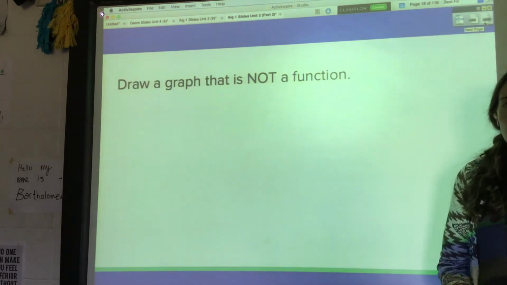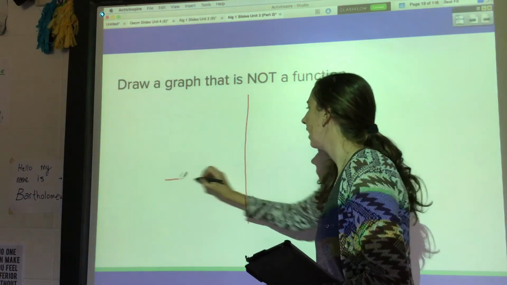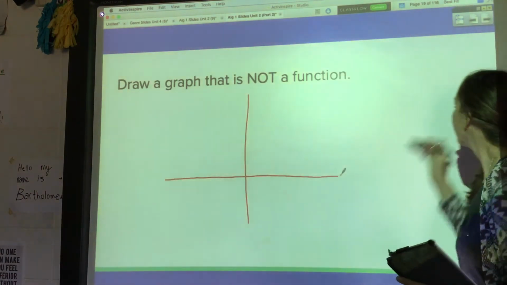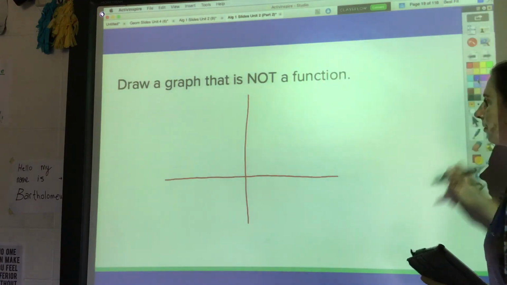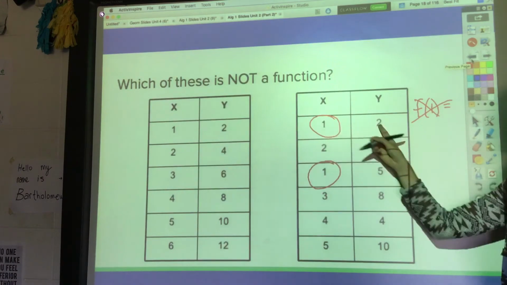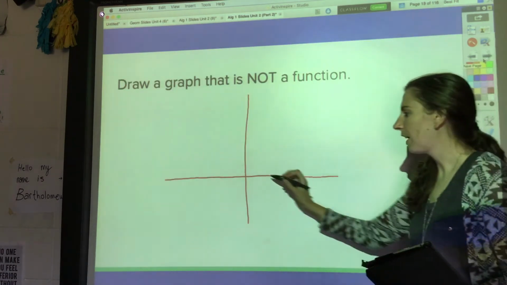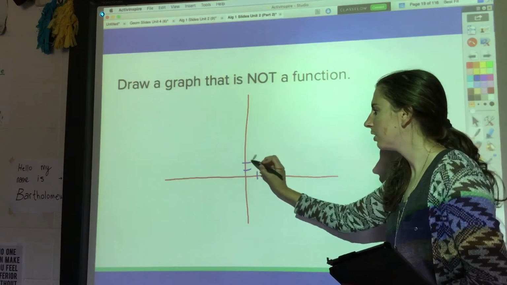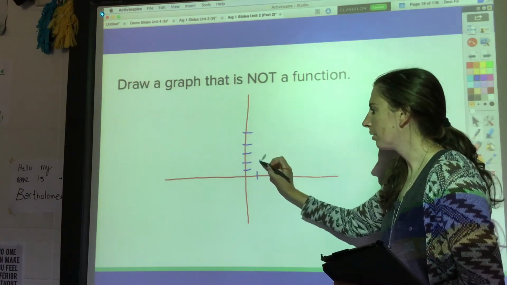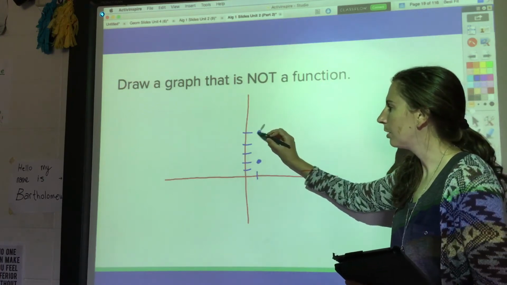Let's think about this on a graph. So if I were going to draw a graph that is not a function, let's think about that table that we just had. It was 1, 2, and 1, 5 made it not a function. So if I went to the point 1, 2, that would be right here, and then 1, 5 would be right here.